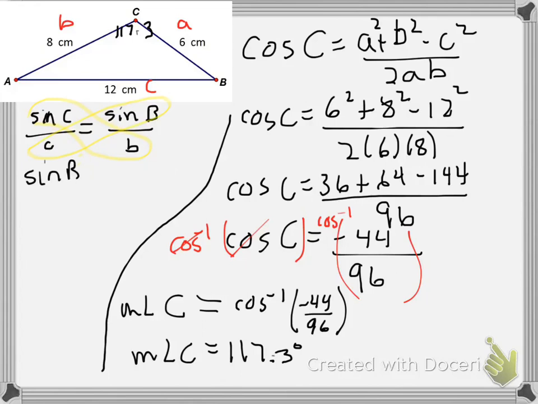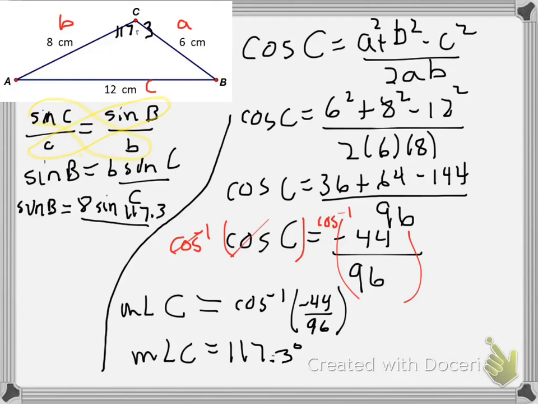I'm going to end up with this equation after all the work. Sine B equals b sine C all over little c. So sine B equals 8 times the sine of 117.3 degrees over 12.